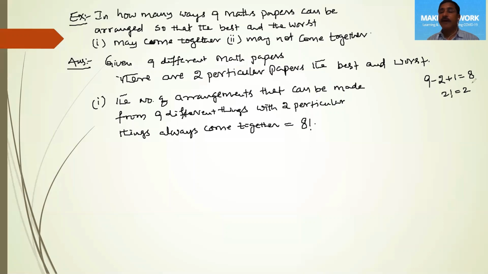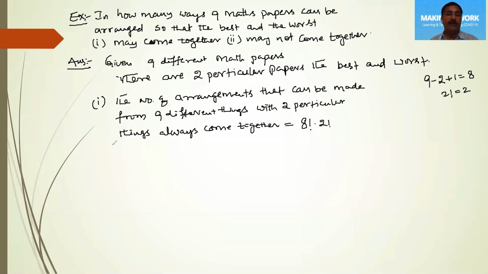So whenever we change the order of these particular 2 elements, the total arrangements will change. So in each of these 8 factorial arrangements, if these 2 elements are arranged in 2 factorial ways, then the total number will be 8 factorial into 2 factorial ways.